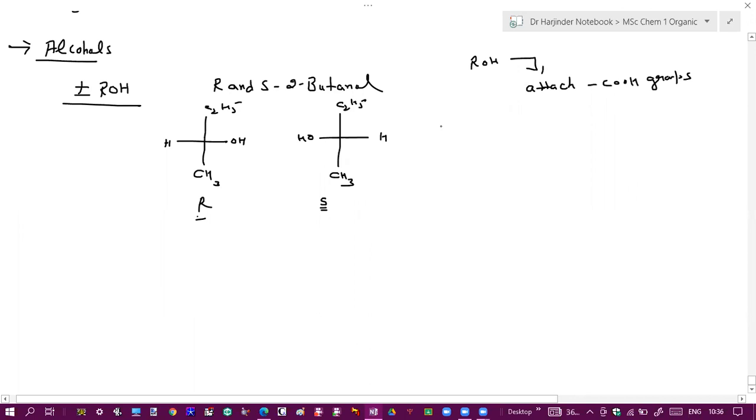Here we attach a carboxylic group, then what kind of resolving agent do we use, acidic or basic? Basic. And then we separate the pair of diastereoisomers and convert back to the pure enantiomers. So here we treat this mixture with phthalic anhydride.